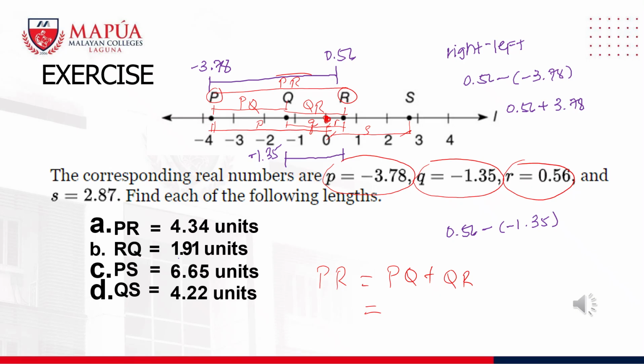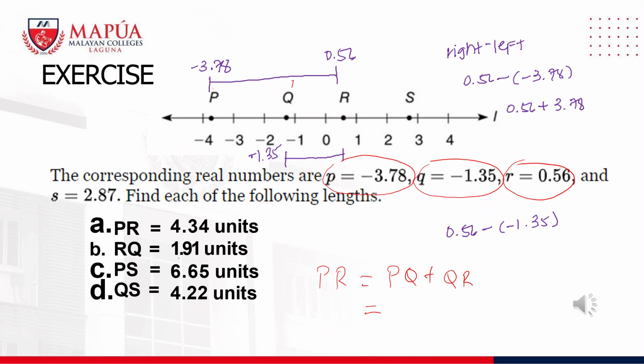Sorry, the illustration is not so clear, so let me erase this one. Okay, so we have Q at 1.35. So Q is 1.35. This is Q, class, with reference to 0.